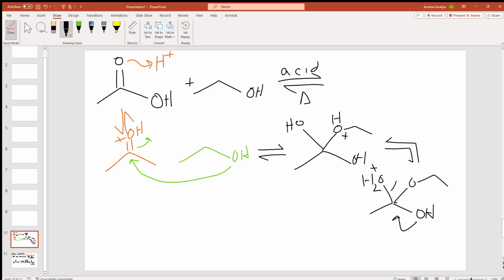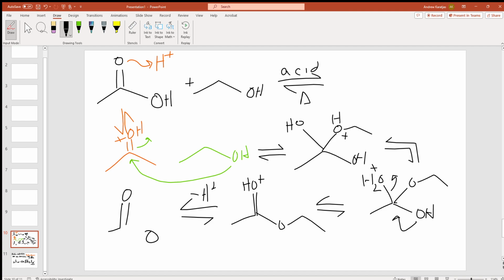This kicks out our water, which is our leaving group, leaving us just one step away from our product, which is then formed by loss of a proton to form an ester. And so that's our mechanism, and regardless of what combination of alcohol and carboxylic acid we use, the mechanism is going to look pretty much the same.